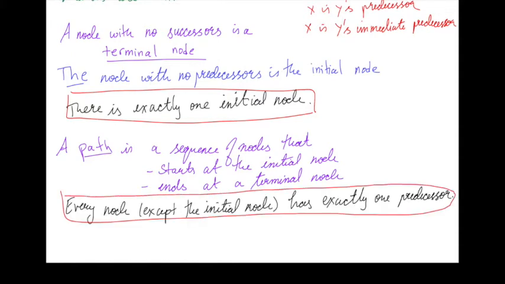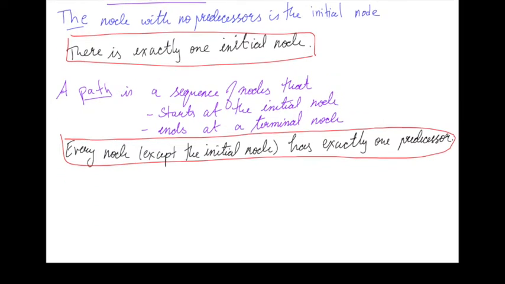Every node, except the initial node, remember the initial node has no predecessors, so every node other than the initial node has exactly one predecessor. If that's the case, if you follow two different paths, you're going to end up at different terminal nodes. Moreover, because every node has a predecessor, you can reach every terminal node from the initial node. So there's a path to every terminal node, and every path leads to a different terminal node.